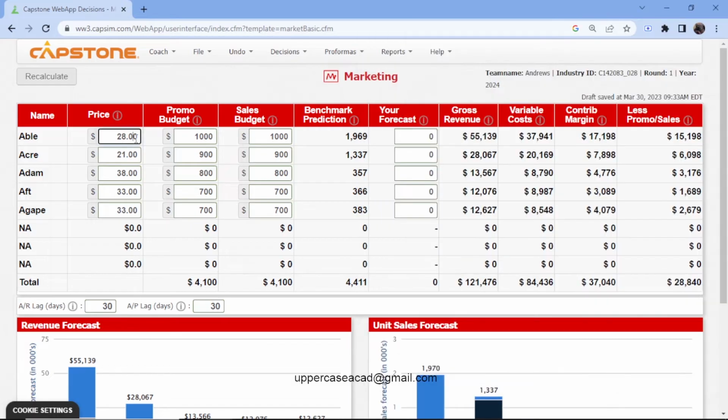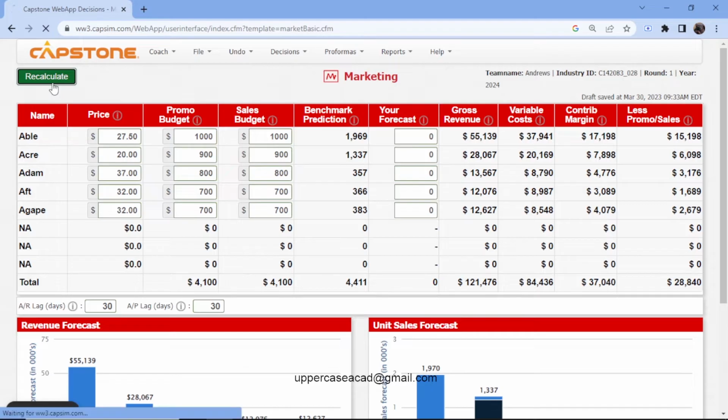So I'll give it 27.5. Then for Eka, I'll give it 20. For Adam, I'll give it 37. Then for the other performance and size, both of them, I'll give them 32.